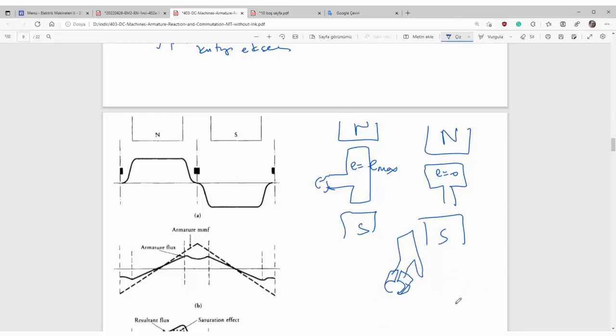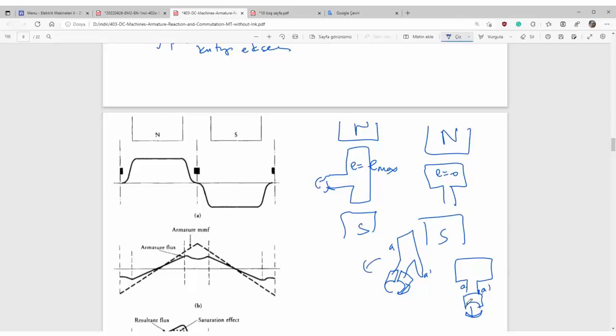When it rotates to a horizontal position, the half circles of the commutator would be like this. The A side will be here, the B side, A prime side will be here. It is rotating in the counterclockwise direction.